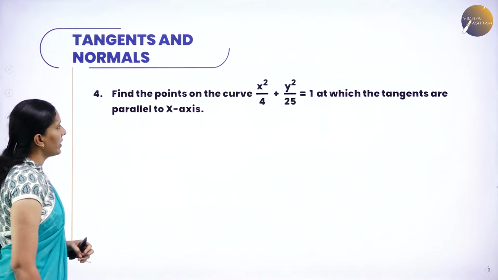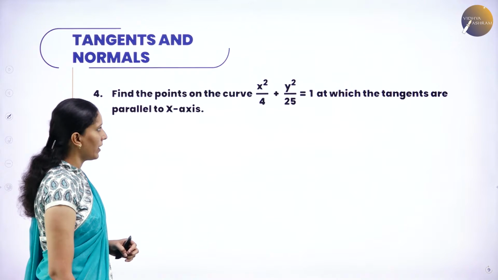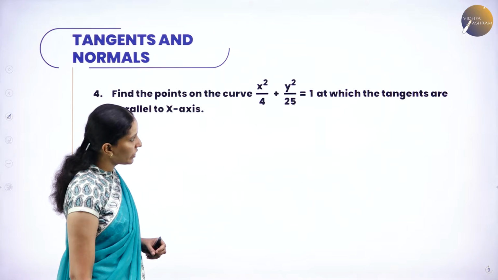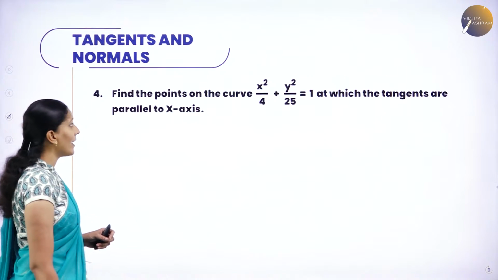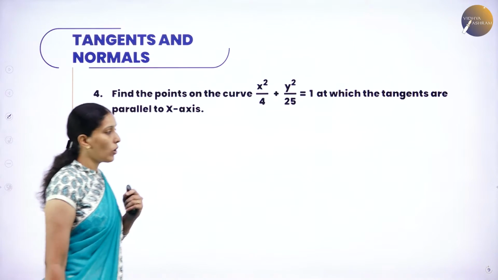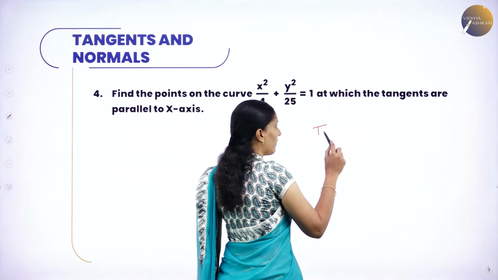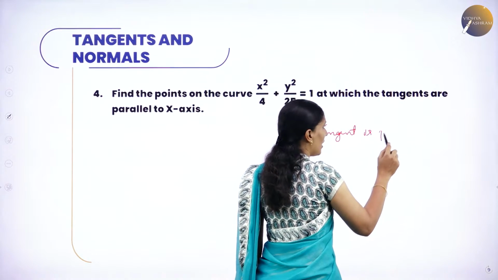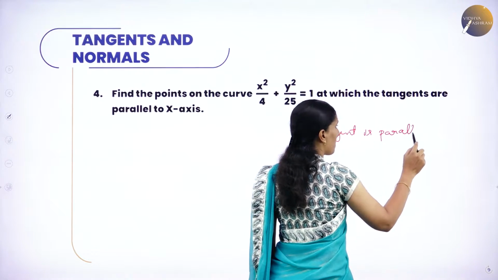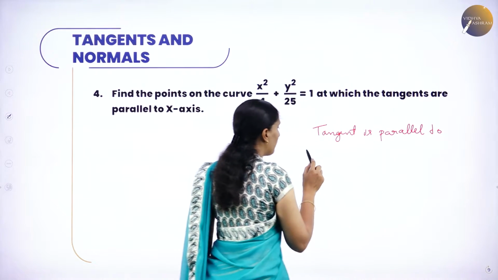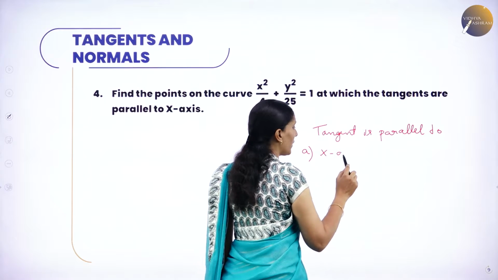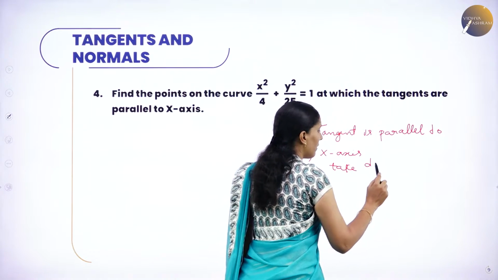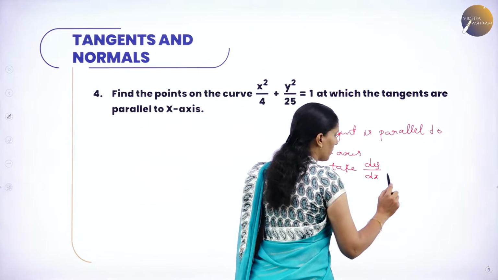Next, find the points on the curve x square divided by 4 plus y square by 25 is equal to 1 at which the tangents are parallel to x-axis. I already told you in the derivative, whenever tangent is parallel to, we have two cases. When it is parallel to x-axis, take dy by dx is equal to 0.